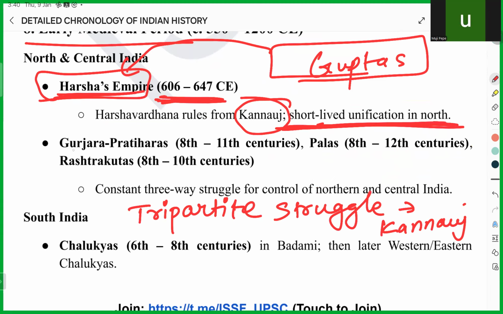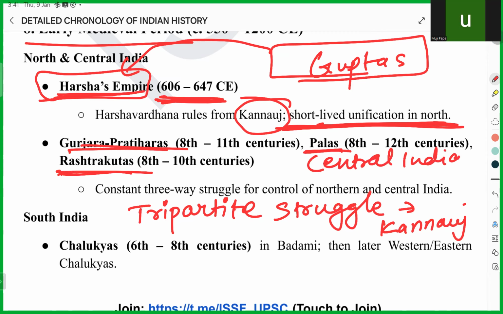The Gurjara Pratiharas or the Pratihar Rajputs came from the west, from the Gujarat area. The Palas came from the Bengal areas. And the Rashtrakutas came from the south. And all of them tried to control the central Indian region of Kannauj.